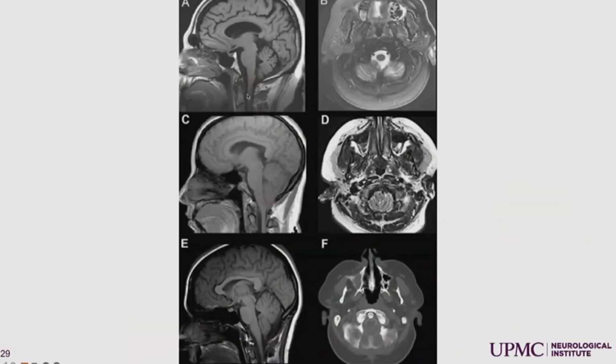Now, this is, again, just to show you what a normal MRI looks like. In panel A, you could see the cerebellum does not go below the foramen magnum, where my arrow is. And on this axial image, you could see the spinal cord surrounded by this white signal, which is the fluid of the brain.